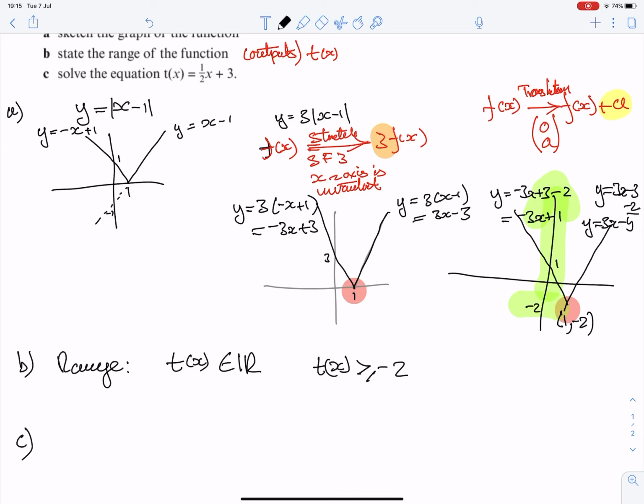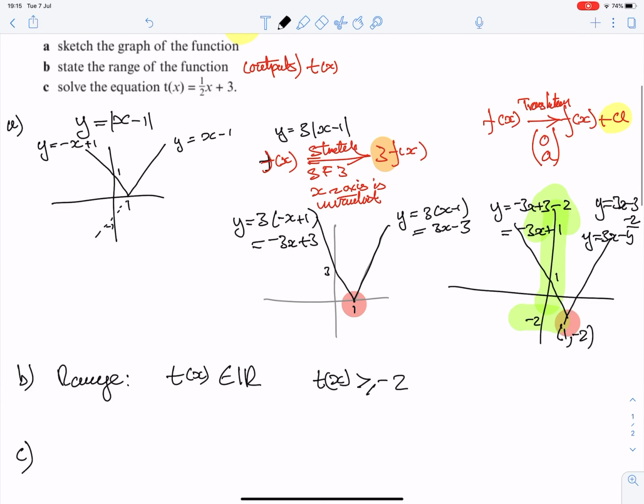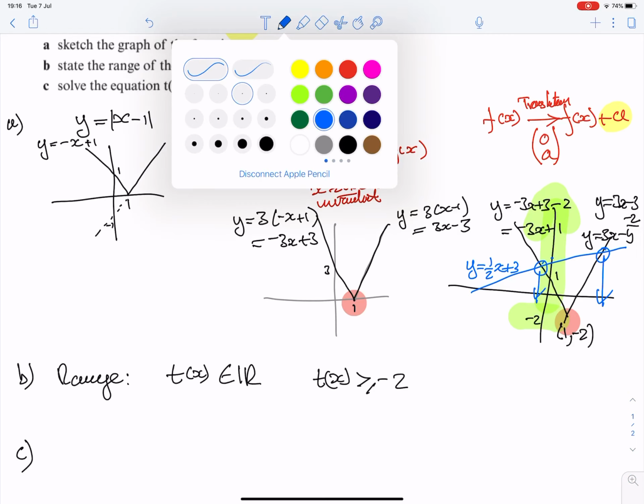Part C. Solve the equation half x plus 3 is equal to t of x. So if we add that line onto the diagram, half x plus 3, it's shallower. So this is the line y equals a half x plus 3. We're looking for the 2 points of intersection, well, the x values at those points because we're solving a function in x.